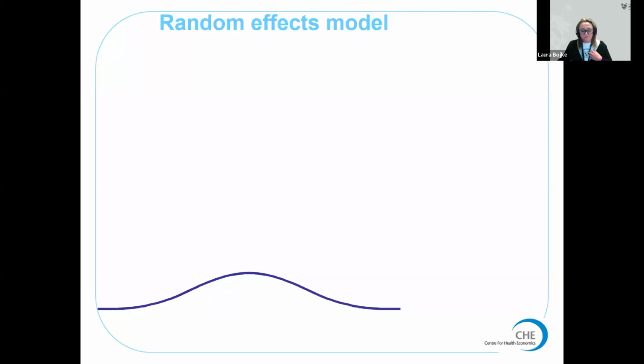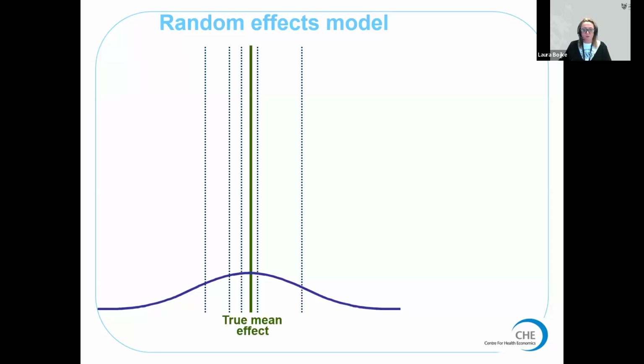If we believe or have determined from statistical tests that heterogeneity exists, we can move to a random effects model. So in a random effects model, rather than assume that there is one true treatment effect, as we had with the fixed effects model, we can reflect the fact that there is a distribution of true effect sizes, which you can see here by this blue distribution shape on the slide.